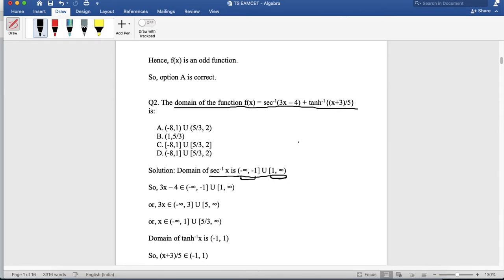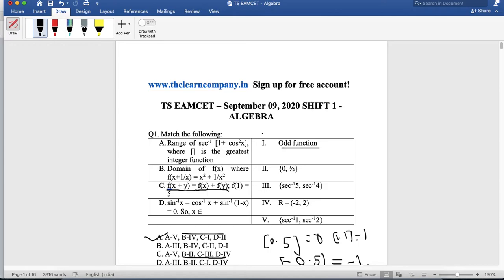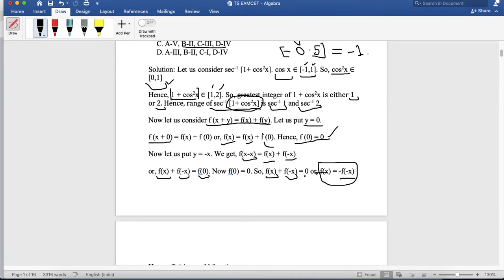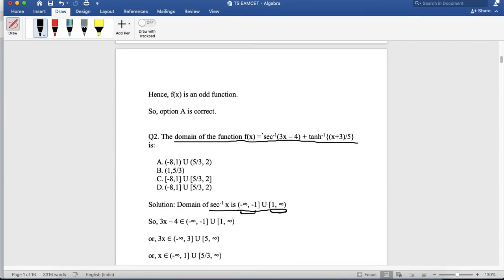And besides, when you go for this exam, you should remember the domains and ranges of standard functions. Otherwise, a lot of time will be wasted. In this exam, they don't want to test too much of your skills on the go.